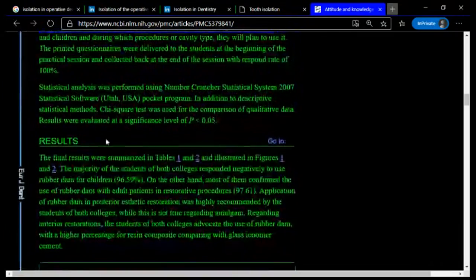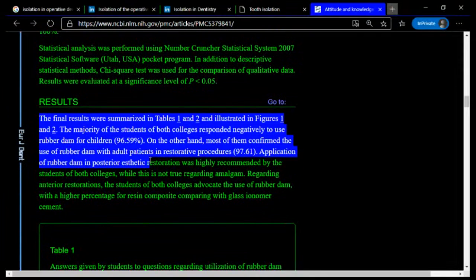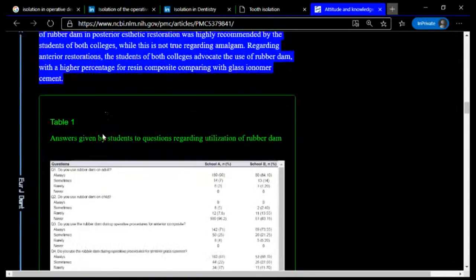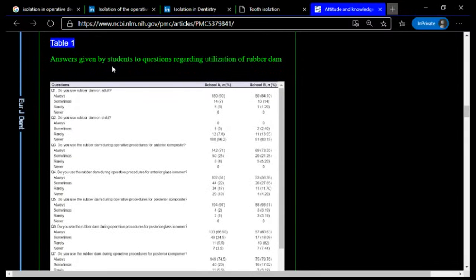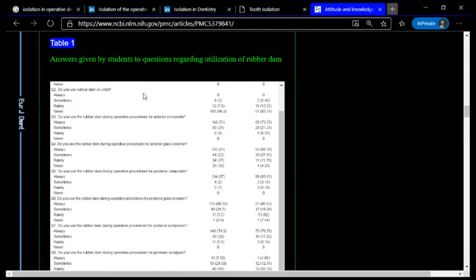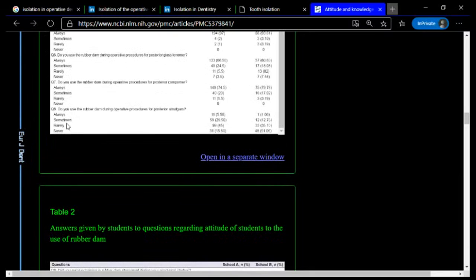Methods, results, table 1. Do you use the rubber dam during operative procedure for posterior amalgam?